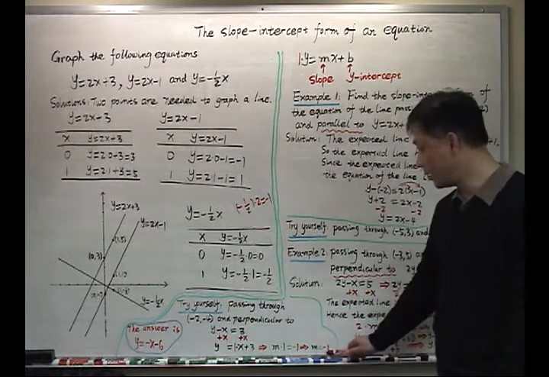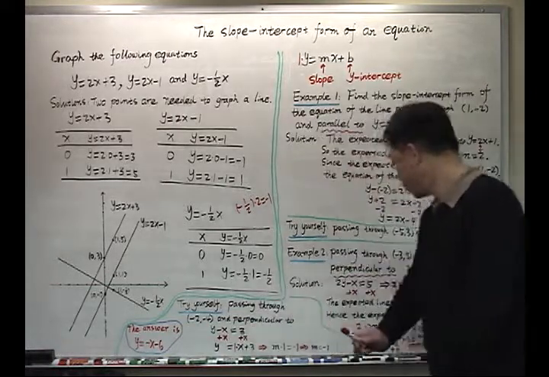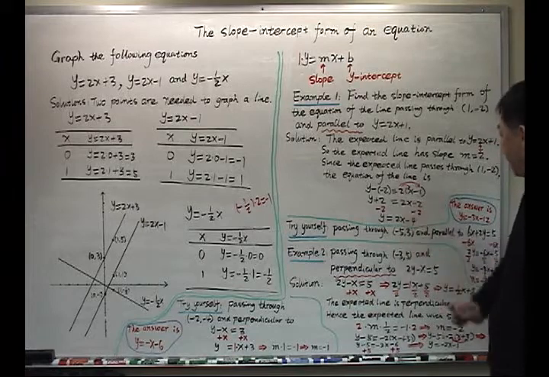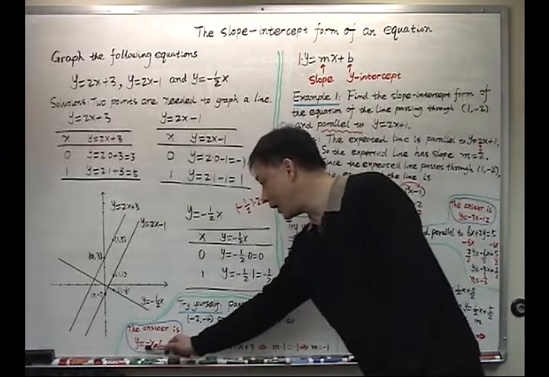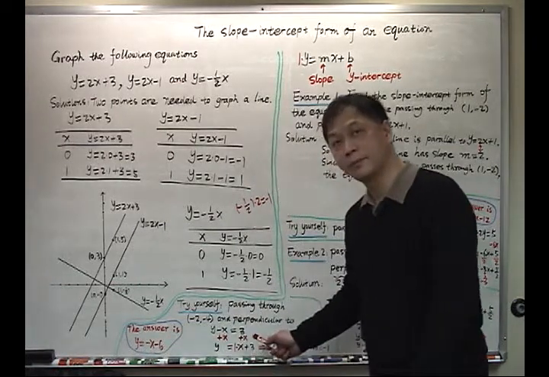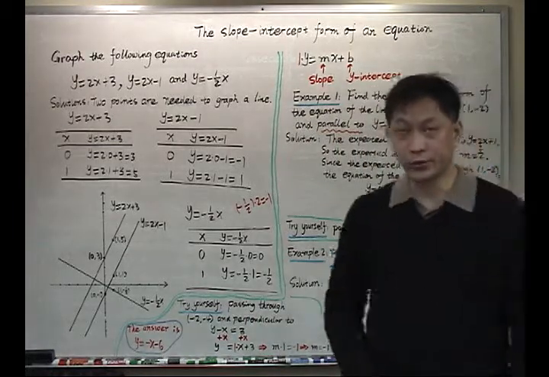So m is negative 1, you have m, you have a point. You should be able to find out the equation like that. And then the final answer is y equals negative x minus 6 for this one. Try this one yourself. I will see you next time.